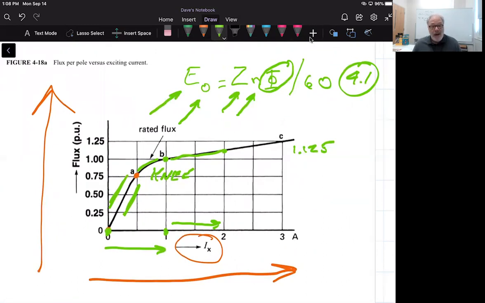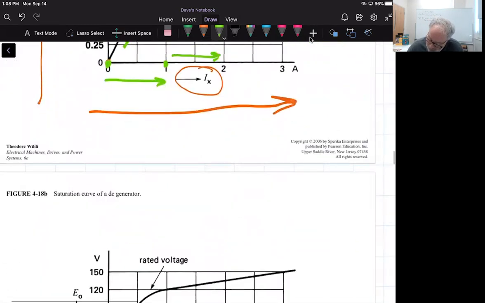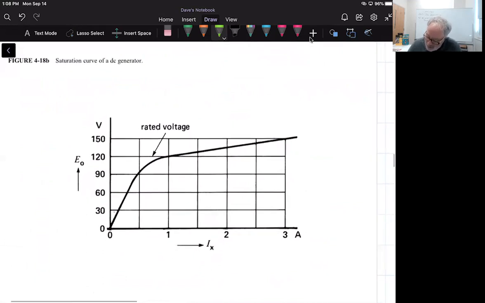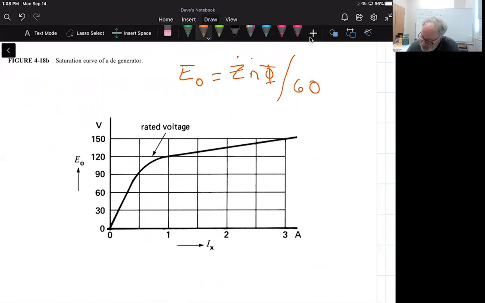We see the effects of that when we look at it in terms of voltage output. The reason it looks like that is because of this equation again. These two are constant, the flux is changing, and so the voltage output ends up being based entirely on this equation, and that's what we're looking at on the two graphs.